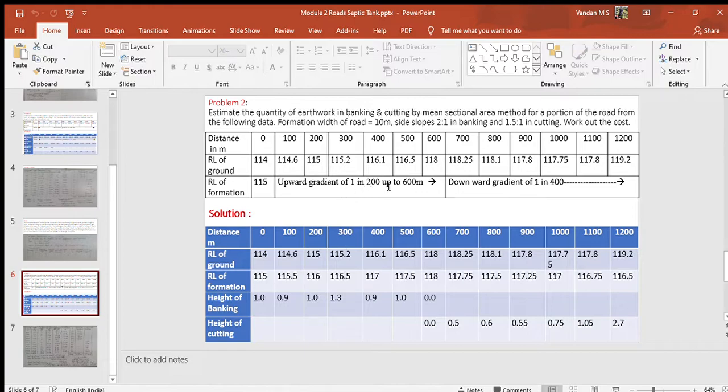That is, for every 200 meter horizontal, 1 meter vertical. Then for 100 meter horizontal, how much vertical? That is calculated as 100 divided by 200, equal to 0.5 meter. Example, 115 plus 0.5 is equal to 115.5.